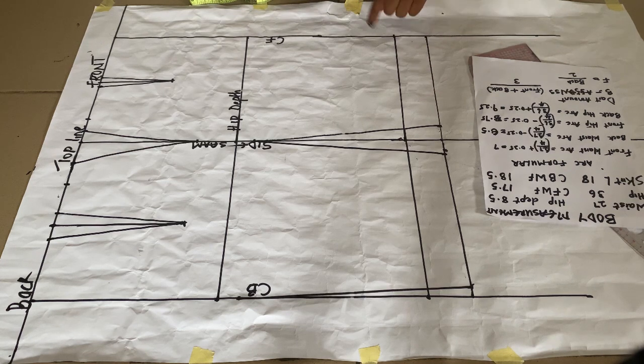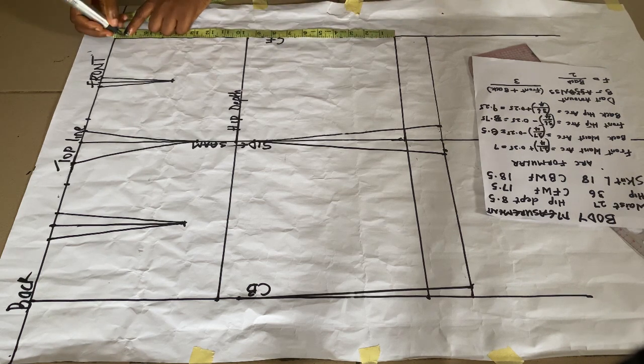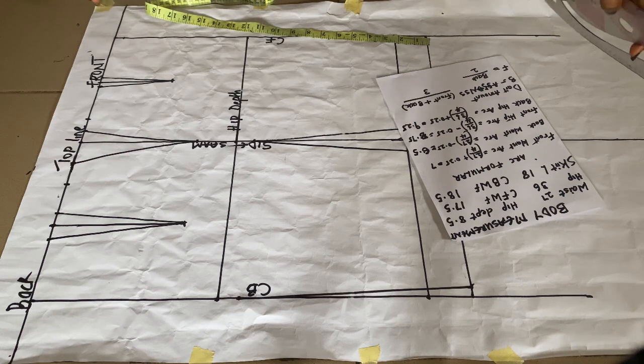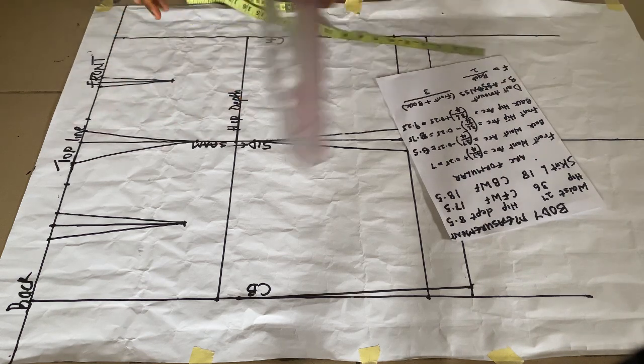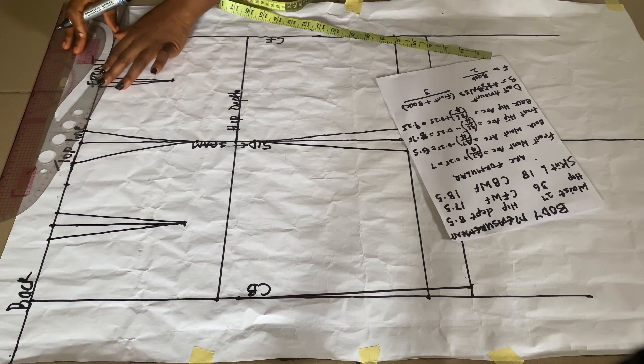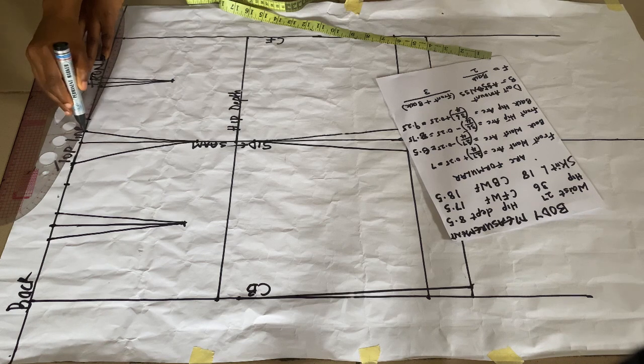I'll be measuring 17.5 from this actual line upward. So I'll measure 17.5, and this is the 17.5 point marked here. And from this 17.5 mark, this side seam needs to remain the same. I'll measure it with a slight curve back to the side seam.